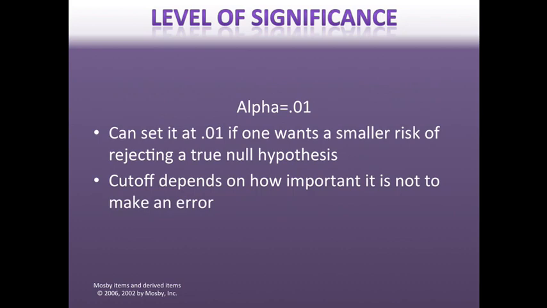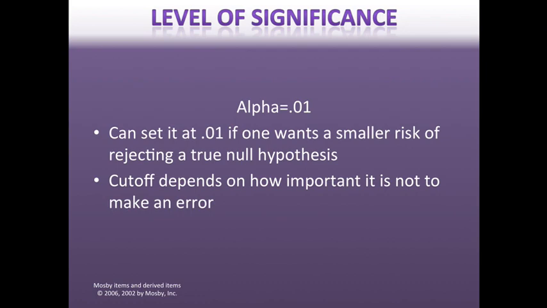Now, sometimes we want to set the level of significance to be more rigorous, all right? So we can also set the p-value cutoff at 0.01, or alpha at 0.01, all right? So if we do that, we have a smaller risk of rejecting a true null hypothesis.